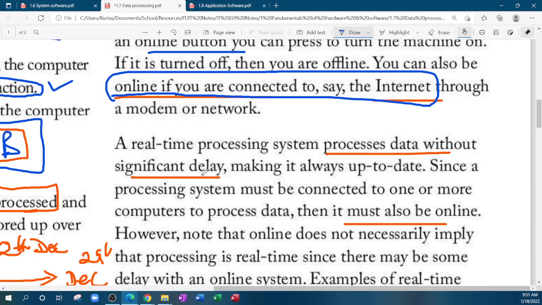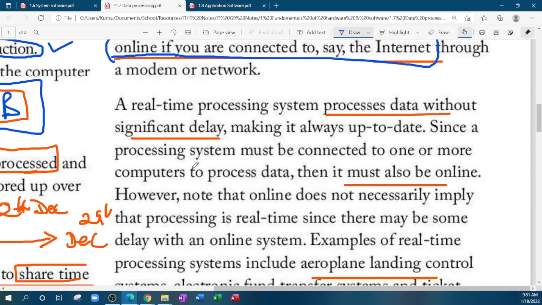Well, with real time, you do not have to wait. You process the data without significant delay. Basically, as soon as you get the data, you process the data. So it's like the opposite of batch processing. You do not have to wait on a specific time. You do not have to wait on a specific amount.